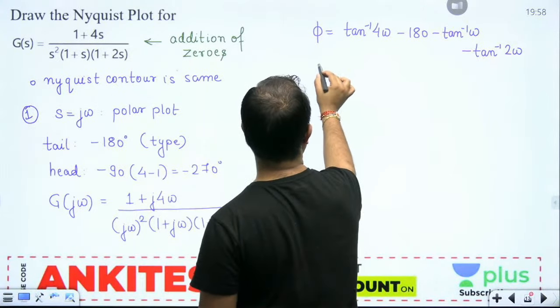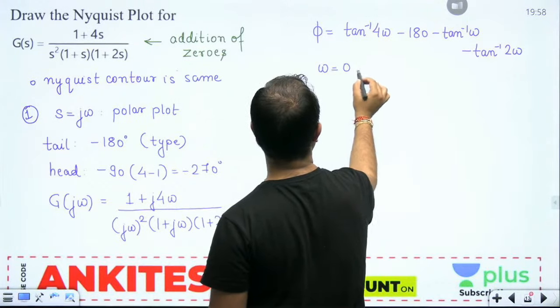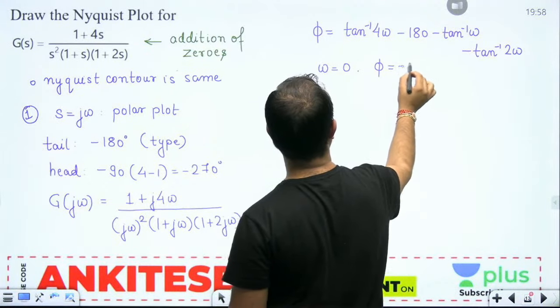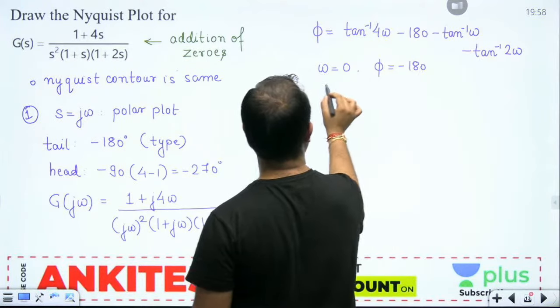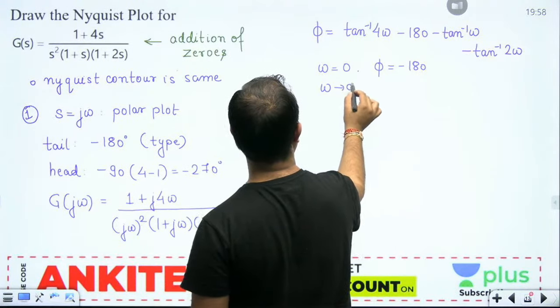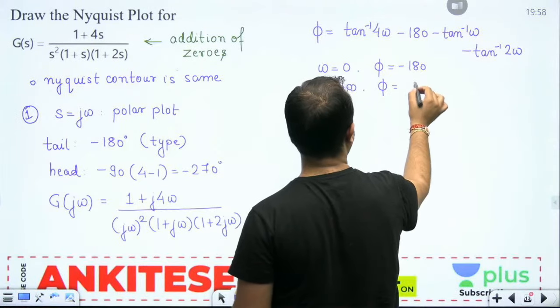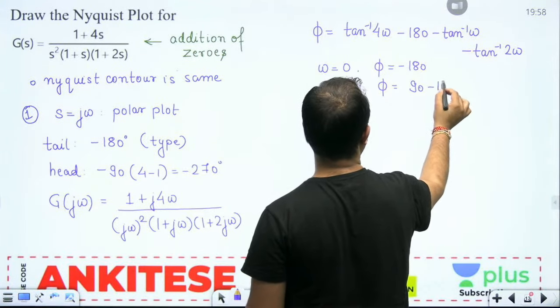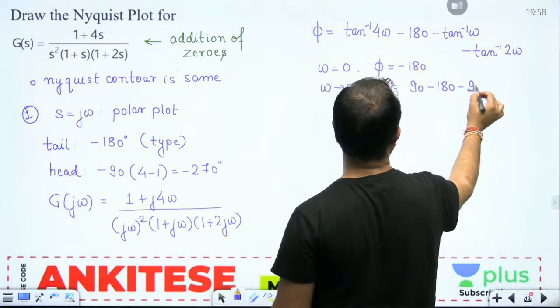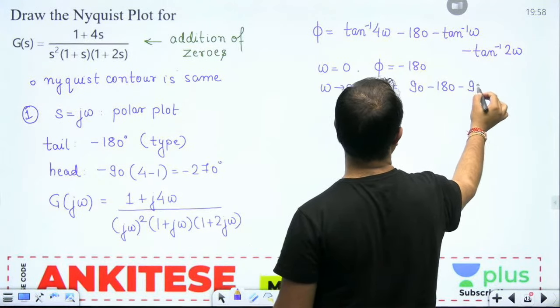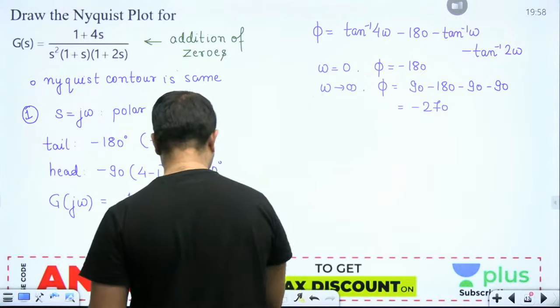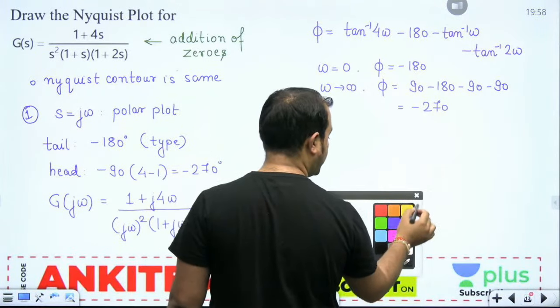Now my dear, at omega equal to 0, the phase will come out to be minus 180, and as omega tends to infinity, you can see that the phase will be 90 minus 180 minus 90 minus 90. So that is what I wrote earlier also.